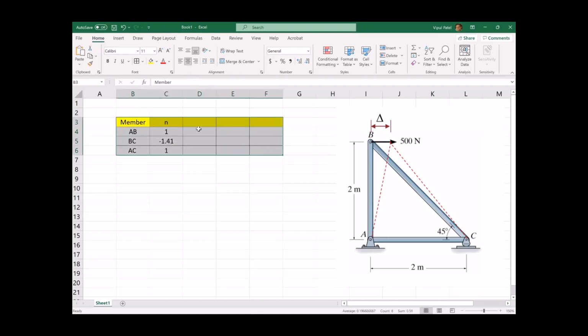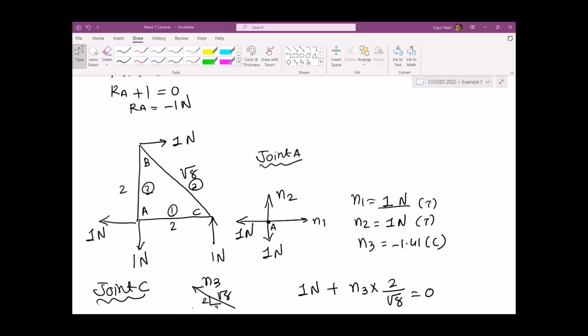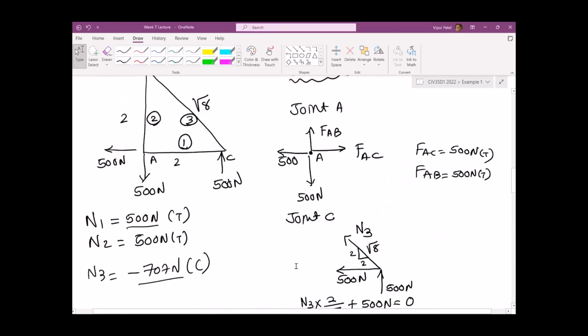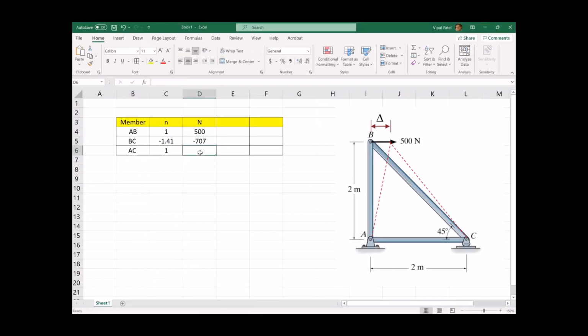Let's put it in the center. Capital N: AB, I remember that was 500 positive. BC minus 707, I think what we calculated. Let me check. 707 minus. And then your AC is 500 again, right? And the length, let's put in meters.